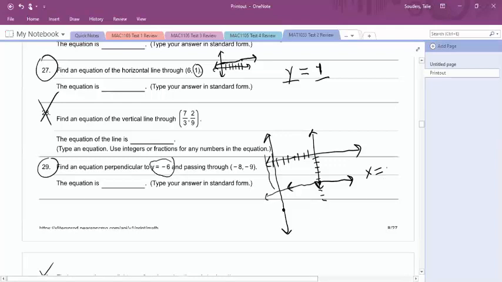Exactly. What a lot of people try to do is they think that you have to use the -6 in the answer, but you actually don't. That number does not affect your answer at all. Because you have y equal to some number, you just know it's going to be a horizontal line. That's all that's really telling you. It doesn't matter where the horizontal line is located. Okay.